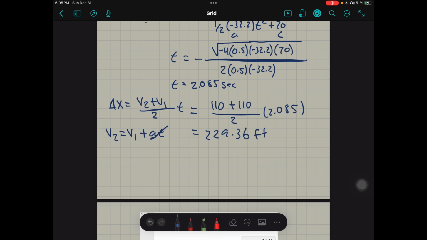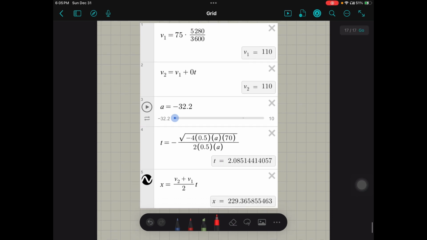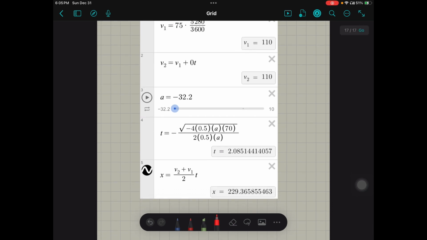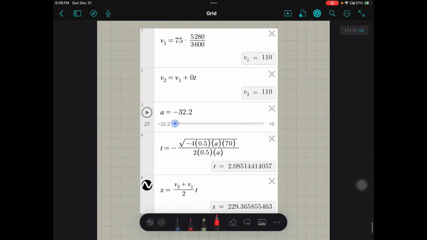So when we plug that into a calculator, we get 29.36. Going off of a calculator, we converted our miles per hour into units of feet per second. From there, we can solve for our final velocity using this formula, and because we have zero acceleration, v2 is going to be equal to v1.